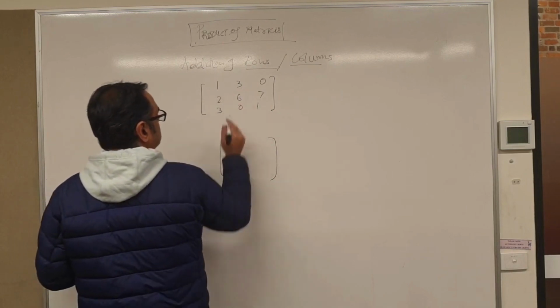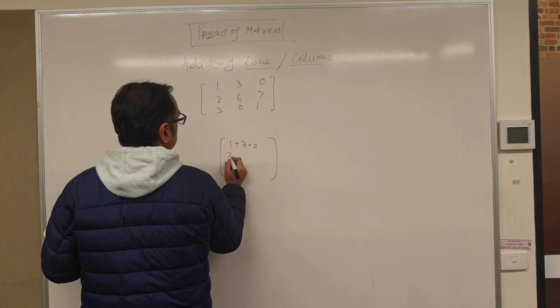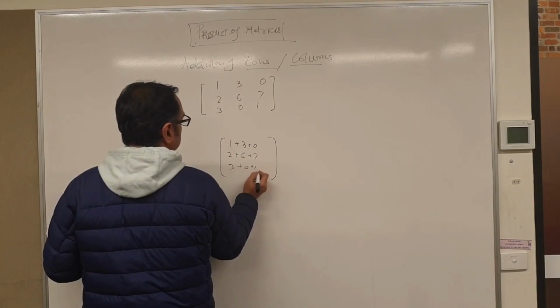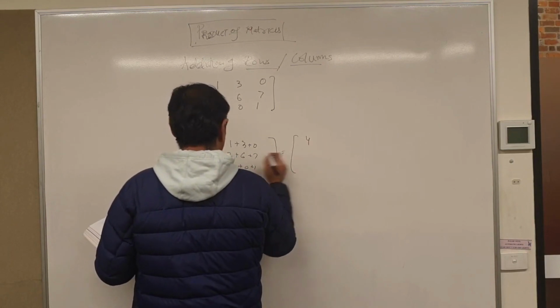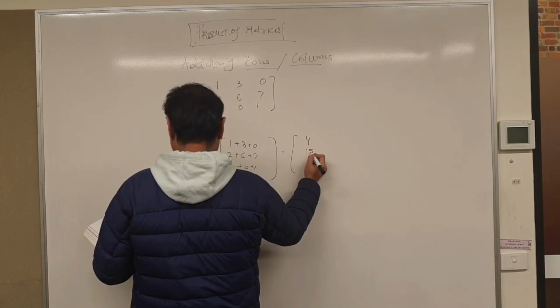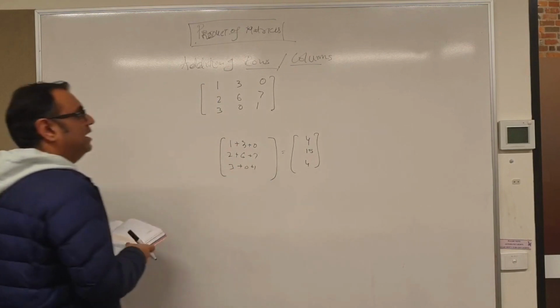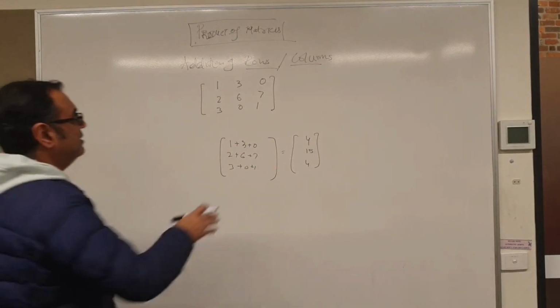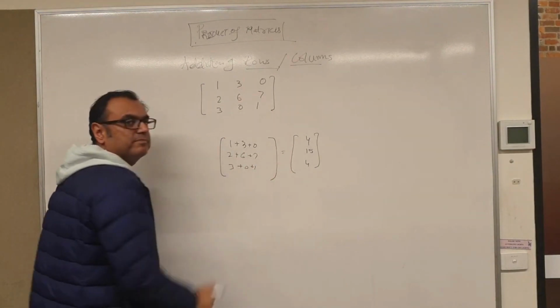So I should get something like 1 plus 3 plus 0, 2 plus 6 plus 7, and 3 plus 0 plus 1. So basically I need something like this, 4 and 15 and 4. I need to multiply this matrix with something so that I get this.